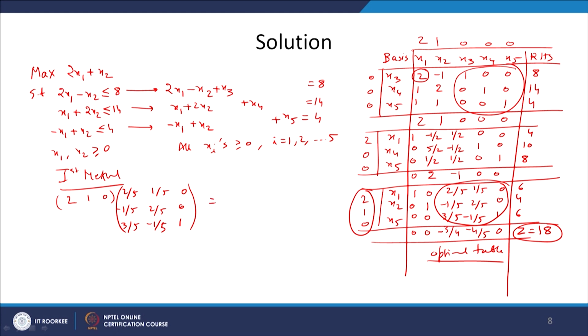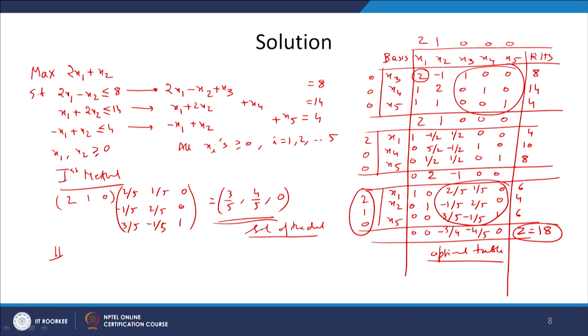Now, if you multiply this, what will you get? You will get 3 by 5, 4 by 5 and 0. Now, this is the first way of getting the solution of the dual.